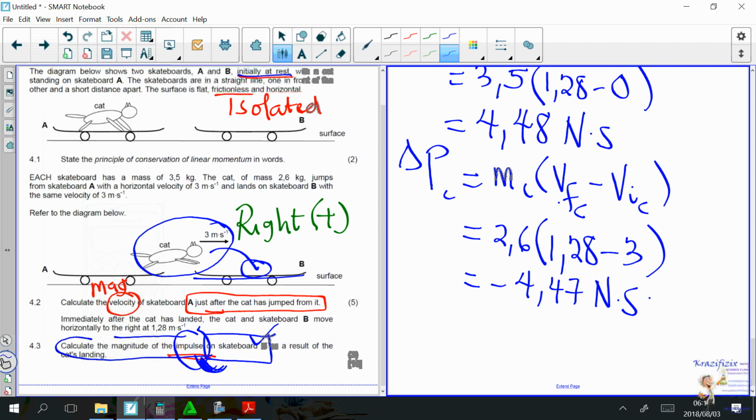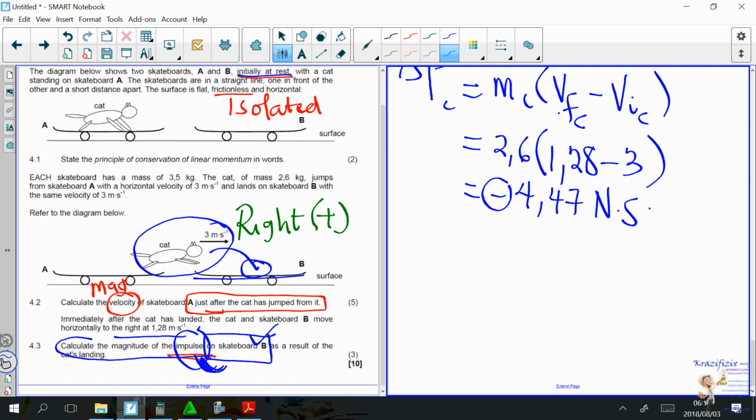Now, why is this negative? Let's check something here. Both objects, the cat and the board, spend the same amount of time on each other, so T of the cat is equal to T of the board.